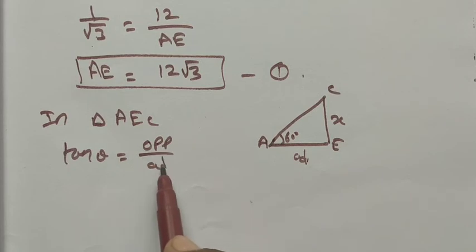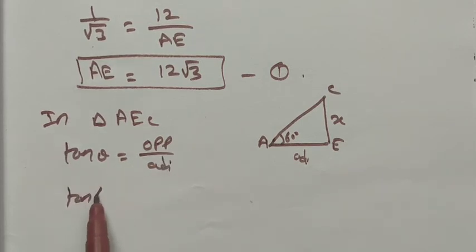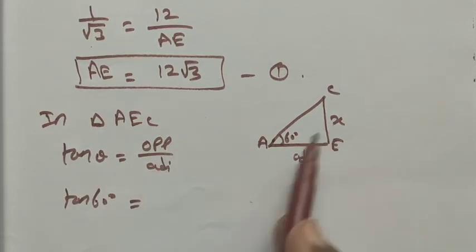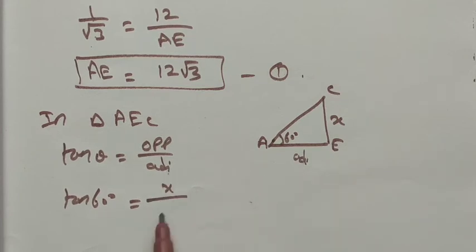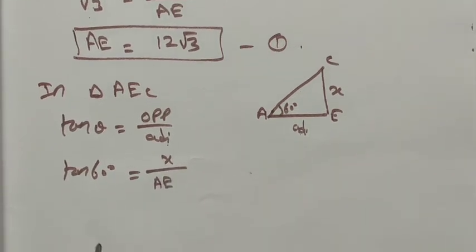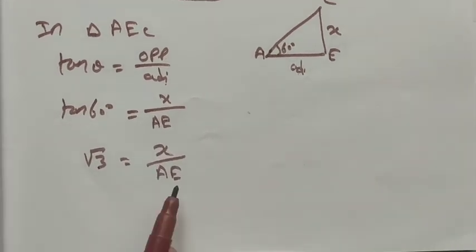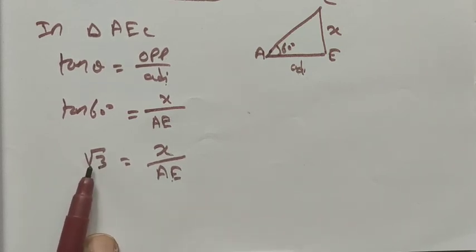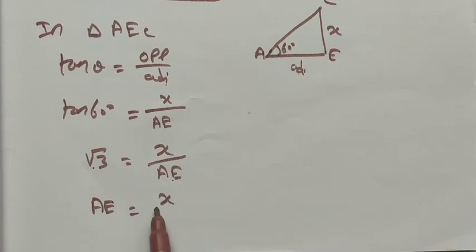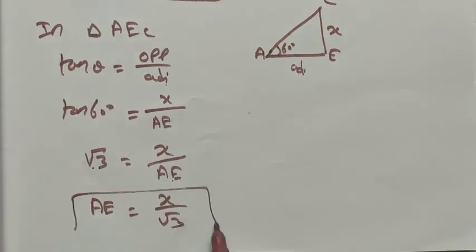Tan 60 degrees is equal to the opposite side X divided by the adjacent side AE. Tan 60, we know the value, root 3, is equal to X divided by AE. Here I am going to find the value of AE. I take AE to this side and root 3 to the other side. So AE is equal to X divided by root 3. Let me take it as equation number 2.